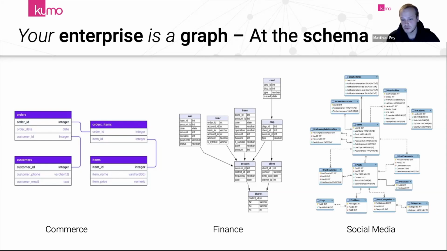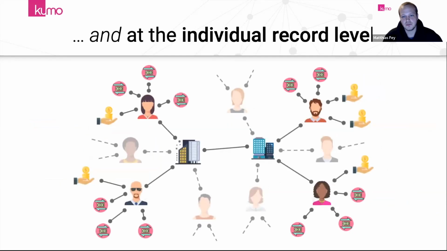The actual real world graph is given at the level of individual records. You can think of each row or each entry in your database as a node in your graph, and these nodes are then connected to other nodes by primary key and foreign key relationships.